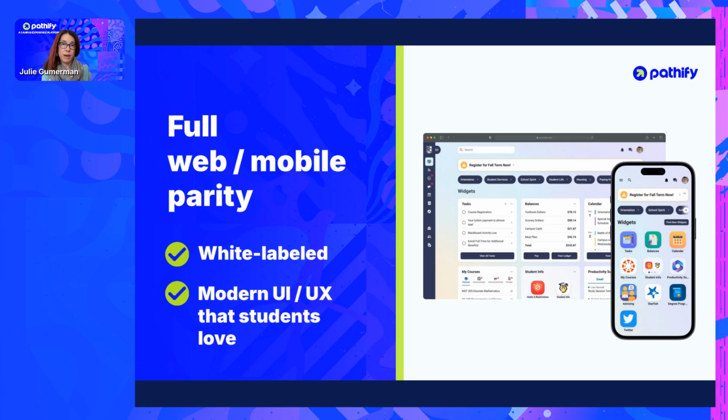They're not going to know that it's a Pathify app. In fact, we've had stories of people who might be running Pathify at an institutional level as an administrator, and then their kid goes off to college and they're working their way through their new portal platform. And then the administrator realizes, oh, hey, they're using Pathify. This is the same app that we use.